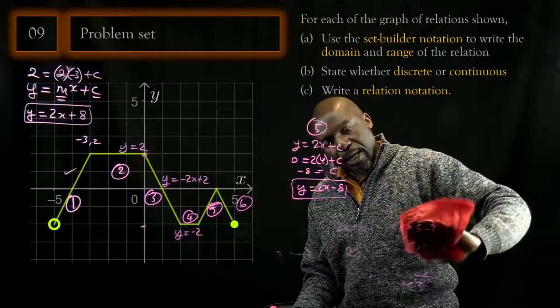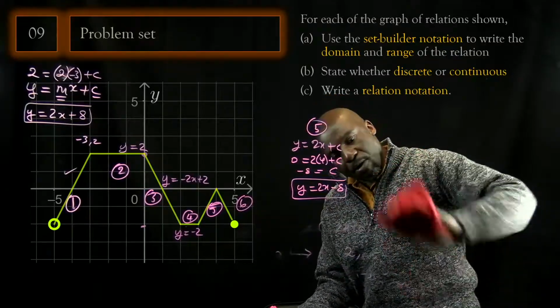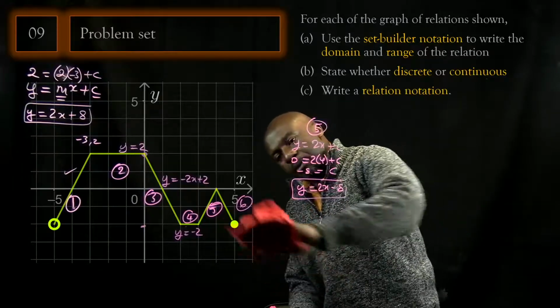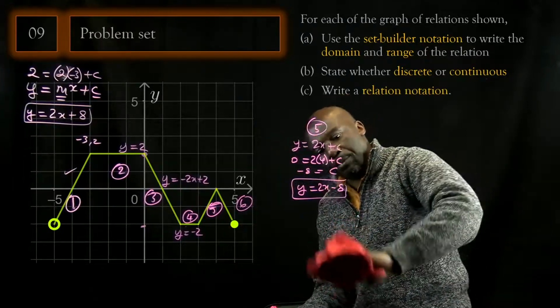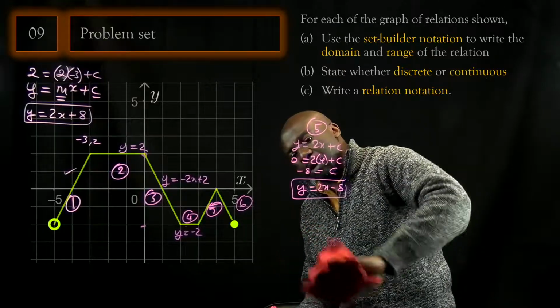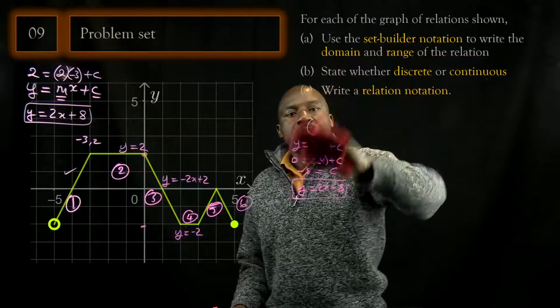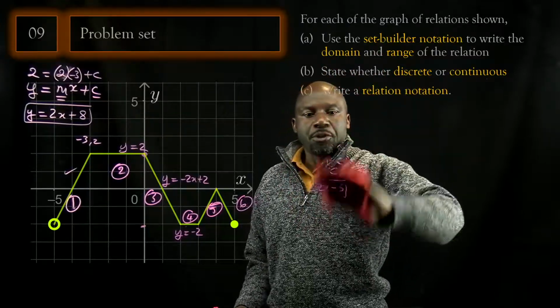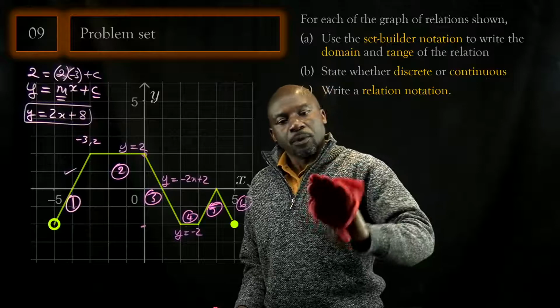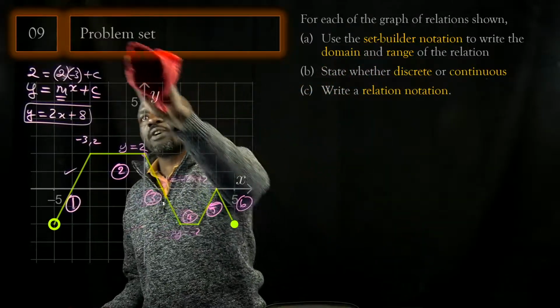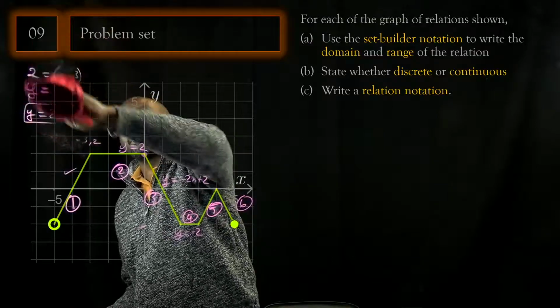Like I always say, all the different parts of mathematics somehow relate to one another. You can see we are in a completely different topic, but we are still going back to talk about equations of straight line. We are still going back to talk about the special set notations, symbols, and so on. Right? We are still going back into exponential equations and exponential functions, and we are in a completely different area.